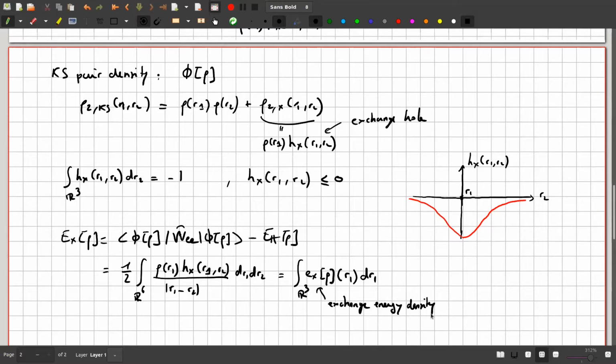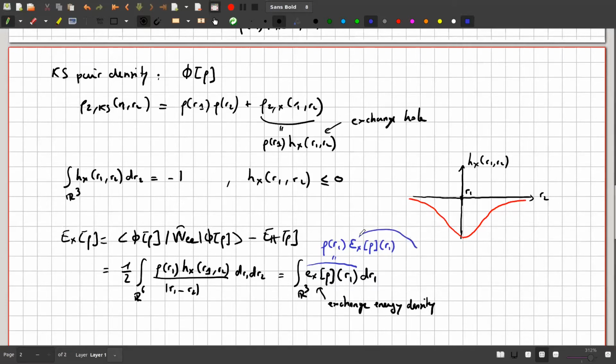And sometimes we also define what is known as the energy per particle. I will write it here, which is simply that you take out a factor of the density in front. So you have the density at R1, and then the exchange energy per particle, we call it epsilon x, which is also a complicated functional of the density, and a function at R1.